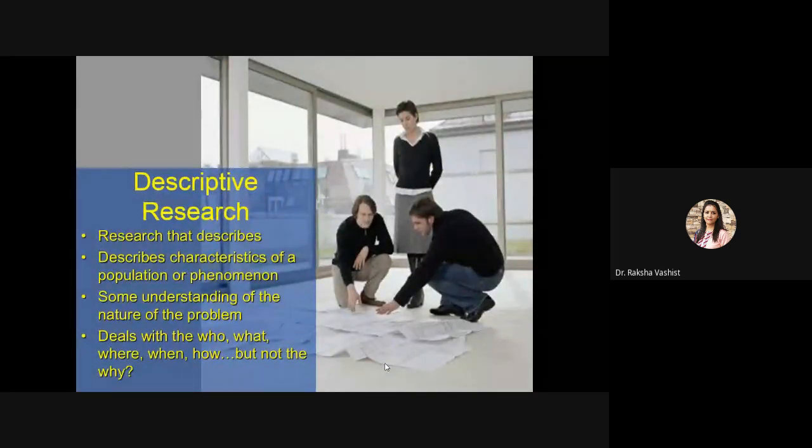It deals with who, what, where, when, and how. Right, because these are the parameters which can define the characteristics of the nature of a problem, of a phenomenon, of a population. Right, so descriptive research does not focus on the question why.